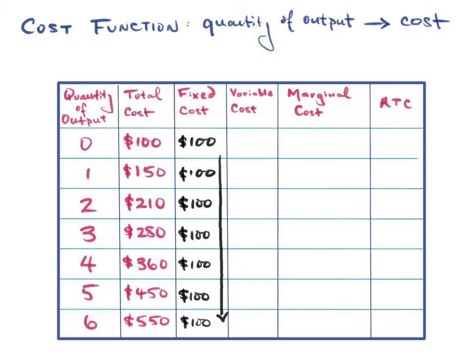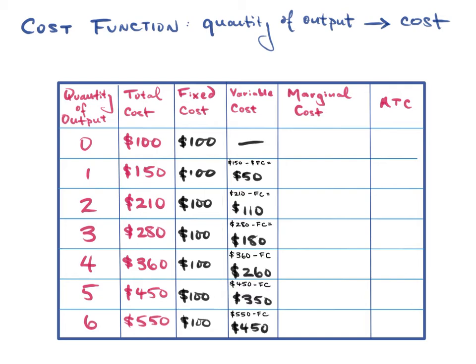No matter how much it produces, there is a fixed cost of $100. By the way, you should be accustomed to working with these tables for questions on tests or other assignments. If you are given simply the cost function for the firm, that means the quantity of output and the total costs, you should be able to complete the rest of this table.